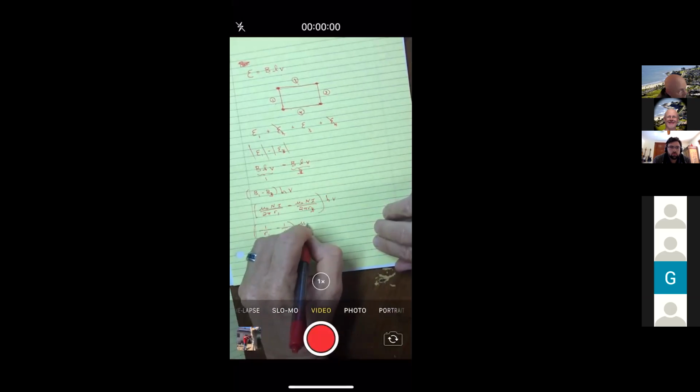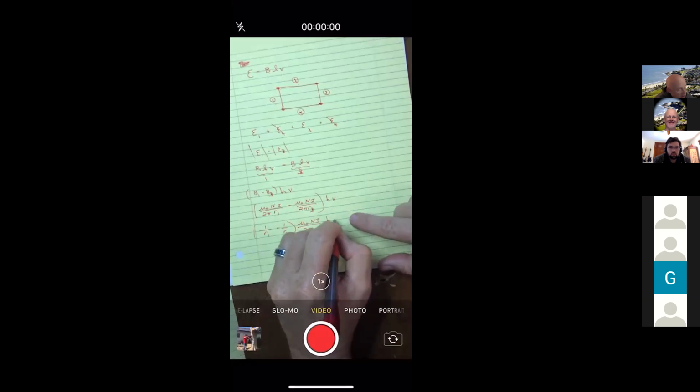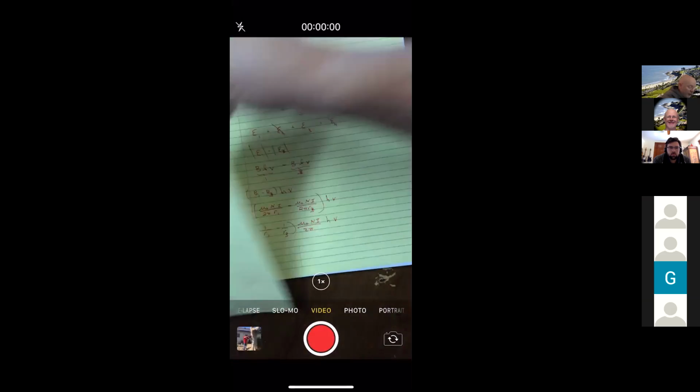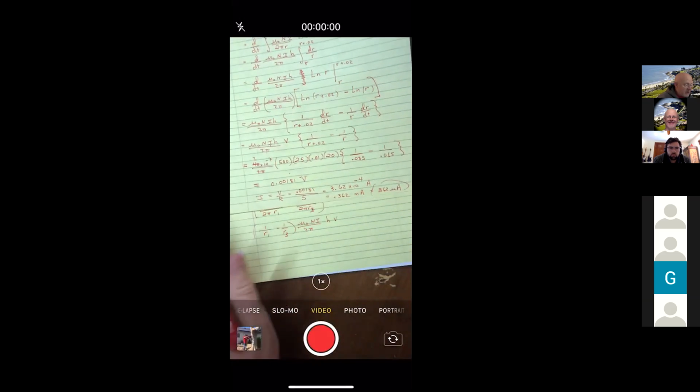And then I've got the mu naught, the n, the I over the 2 pi, which factor out of here. And then I've got the h and the v, and that is identical to what I got back here when I did the whole calculation as the change in flux, taking its derivative.